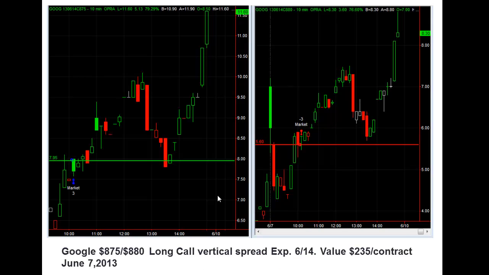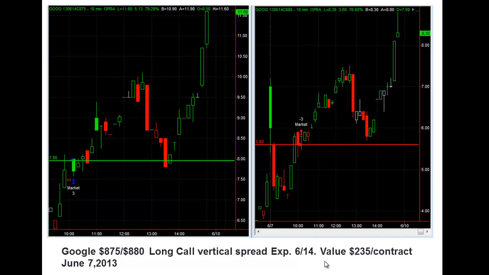So here's a quick look at the option chart. Here's the 875 calls. These expire on the 14th of June, so I bought those at $7.95 right there. Nice push to the upside. To hedge it out, I sold the 880 call above it, the $5 spread.